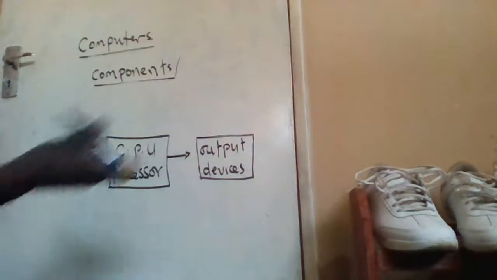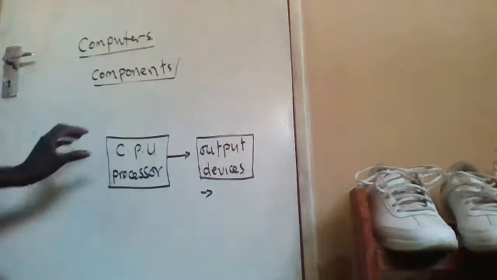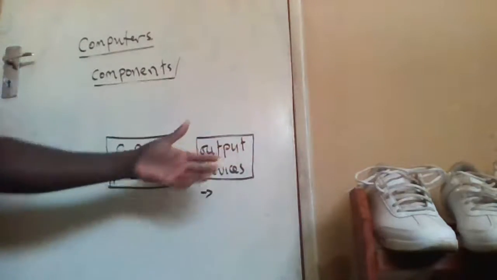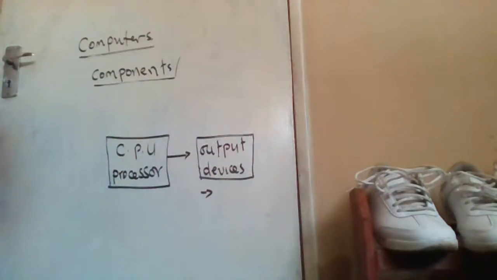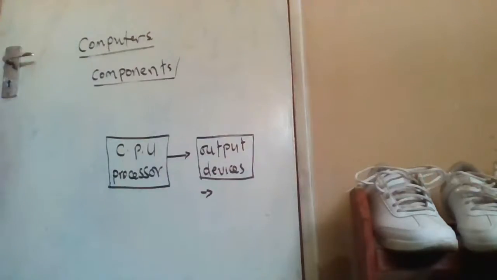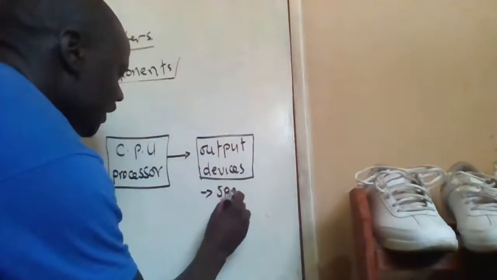For examples, we are looking at items that get the information and take it outside. You can have a speaker. You can connect a speaker to the laptop or the computer, and when a song is played, you get the sound outside the computer.